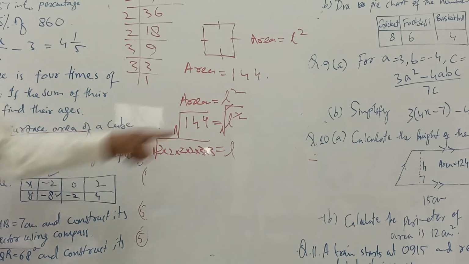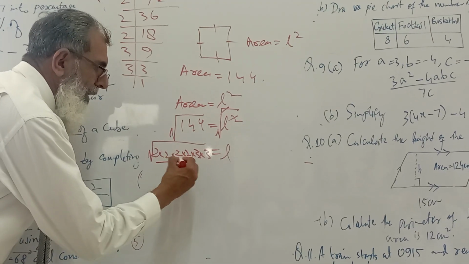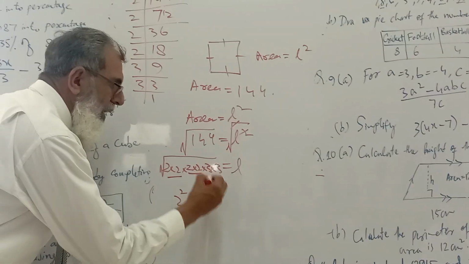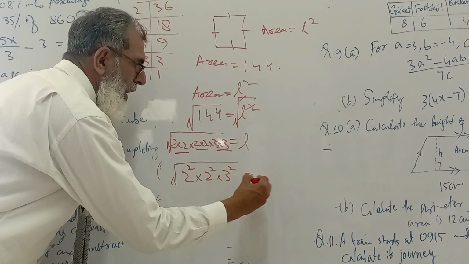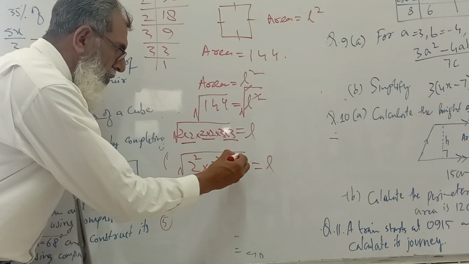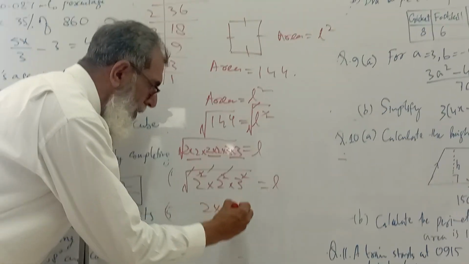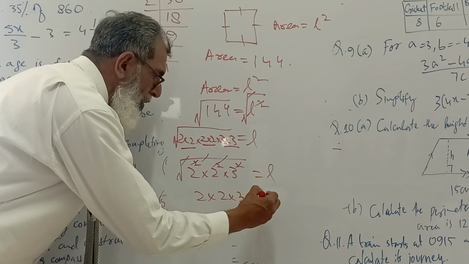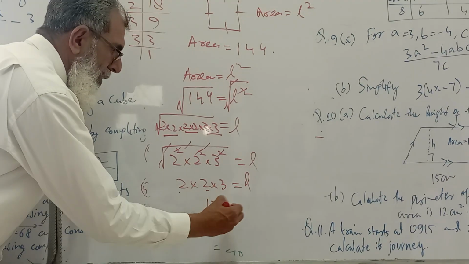Because it's a square, we can make pairs: 2 times 2 is 2 square, again 2 times 2 is 2 square, and 3 times 3 is 3 square. Square cancels square root, so they come out of the square root, and give us the length, which is 2 times 2 is 4, 4 times 3 is 12.